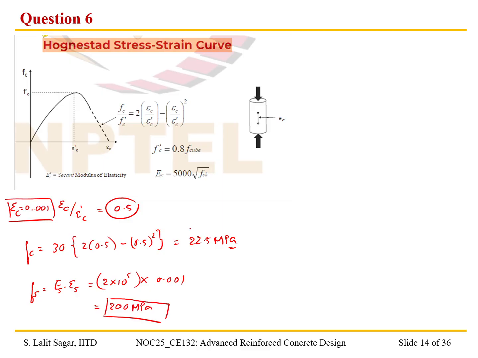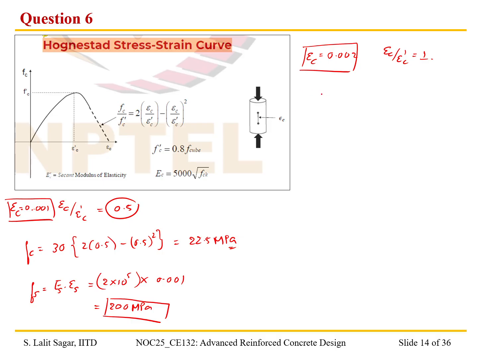Now let us determine the corresponding stresses and strain for epsilon c equal to 0.002. For epsilon c equal to 0.002, we have epsilon c by epsilon prime c equal to 1.